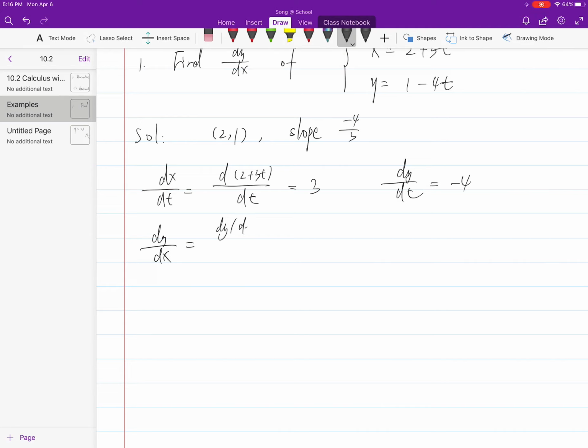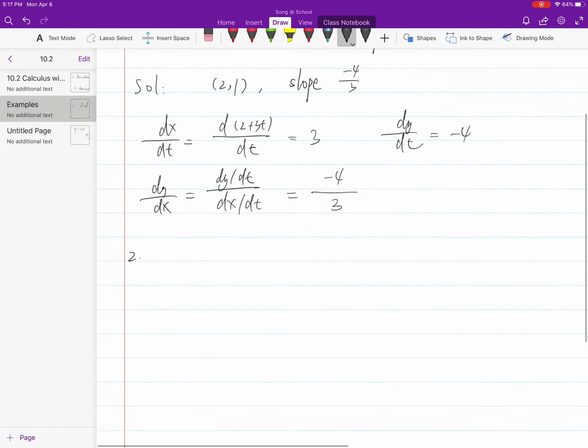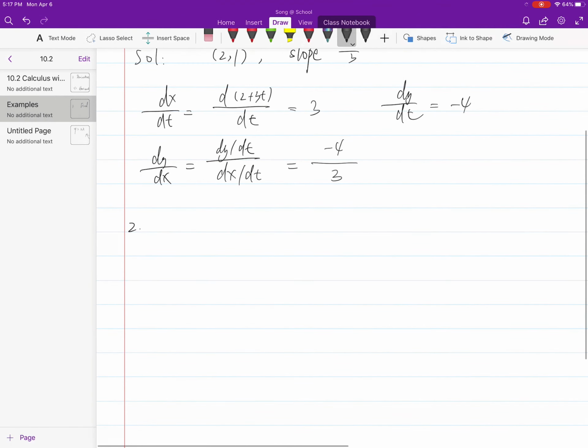Then dy over dx equals dy over dt divided by dx over dt, the dt cancel, which is nothing but negative 4 coming from here, divided by 3 coming from here. That is exactly the slope, so for this case it worked. That's great. Let's try something else.